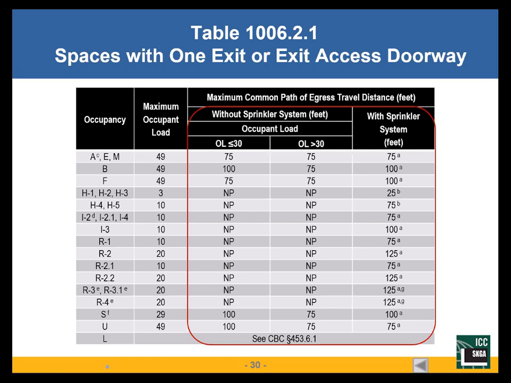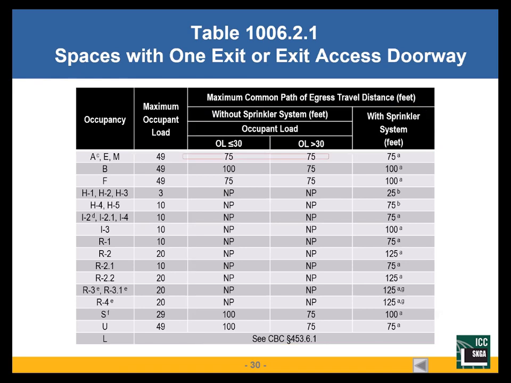At that point, I either have to be out of the building or have a choice of two directions to go. If I don't comply with that requirement, I have to redesign the exit system, add another exit, reconfigure the building, whatever it takes. But there's my typical system, 75 feet.